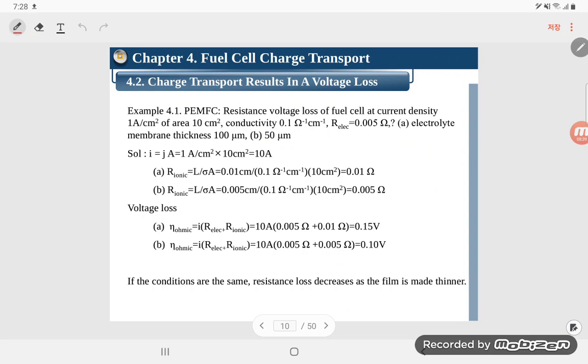Okay, now let's take a look at one example to calculate the ohmic loss. There's one example, a PEMFC.